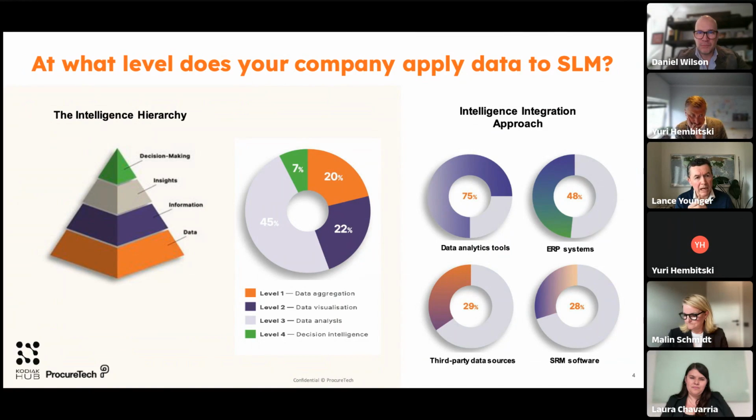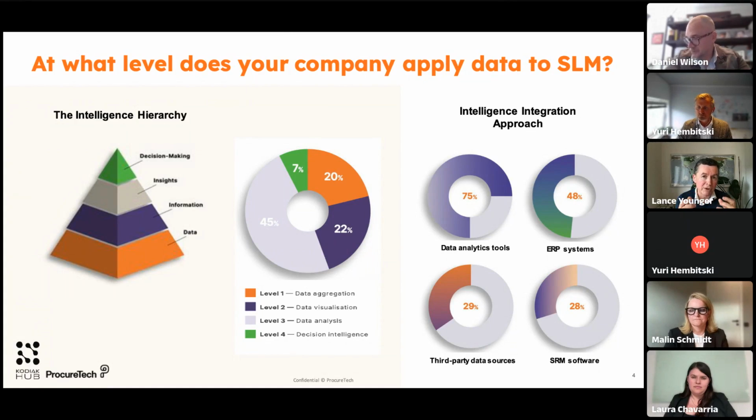The other important aspect is, where are people gathering data from? Where are they managing to incorporate data into the whole ecosystem and hierarchy? And that is across 4 different domains. Now, the majority of organizations and people are looking at data analytics tools. A higher percentage than we thought are using their ERP systems.